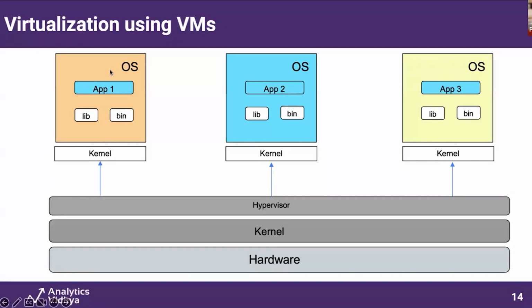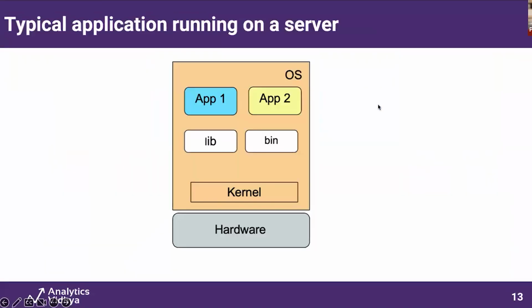So this could be Windows, this could be Mac, or a Linux based system. But now you can run these applications independently, in an isolated environment, without being affected by another application being run.